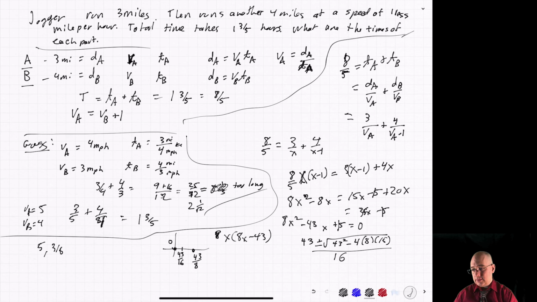In any event, apparently this thing has another solution at 3/8. So this doesn't make any sense, right? It's very small. What actually goes wrong, though? We know that this isn't going to come out right, and the reason for that is because 3/8 minus 1, which would be the velocity of B, is a negative number. Now, the guess and check, I didn't really even have to think about it.